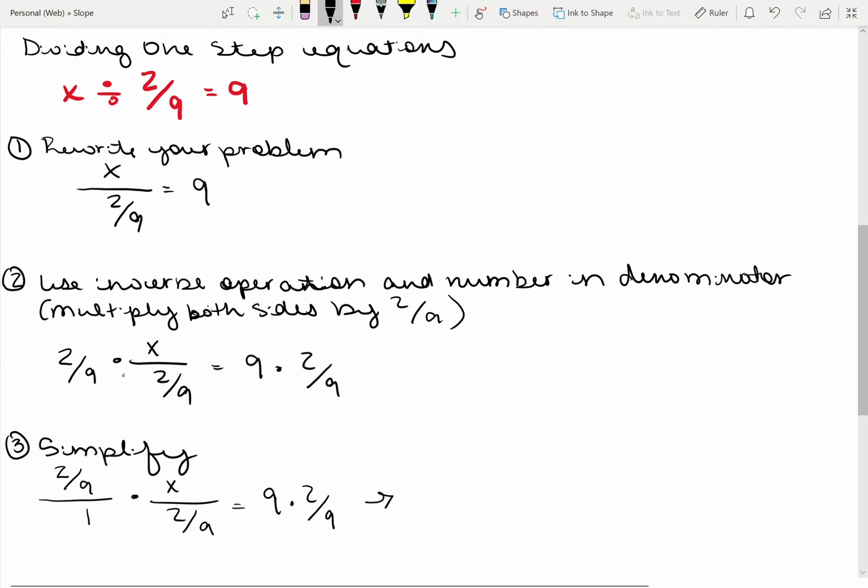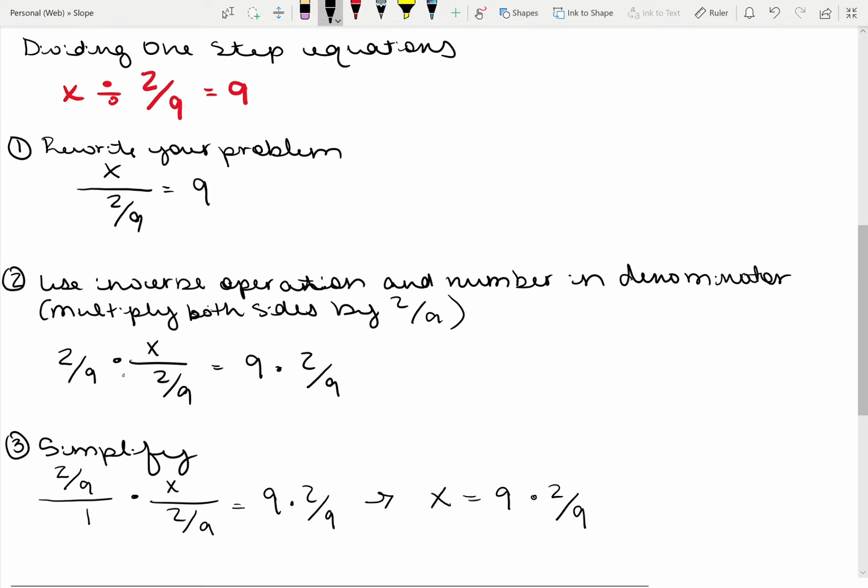And so what ends up happening here is we have x left over once we see that 2/9 divided by 2/9 ends up leaving us with 1x, which also leaves us with x is equal to 9 times 2/9.